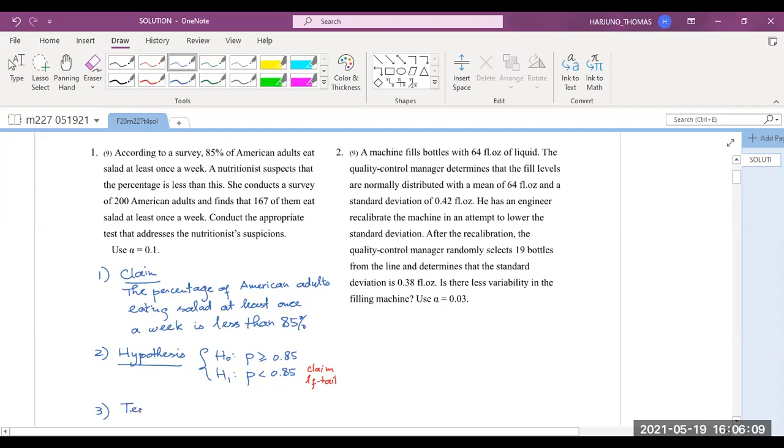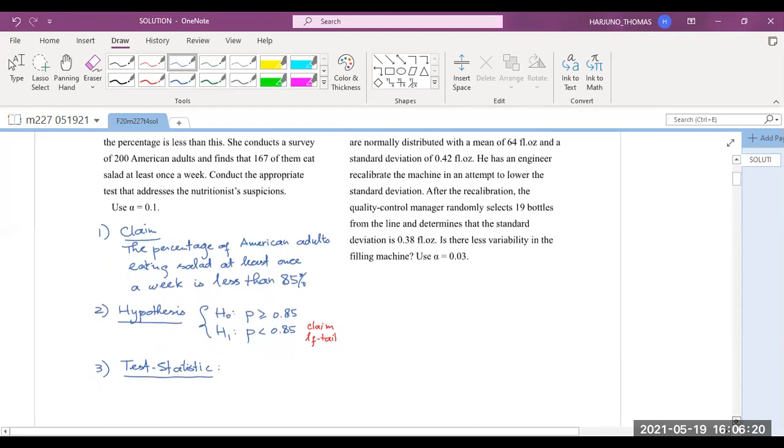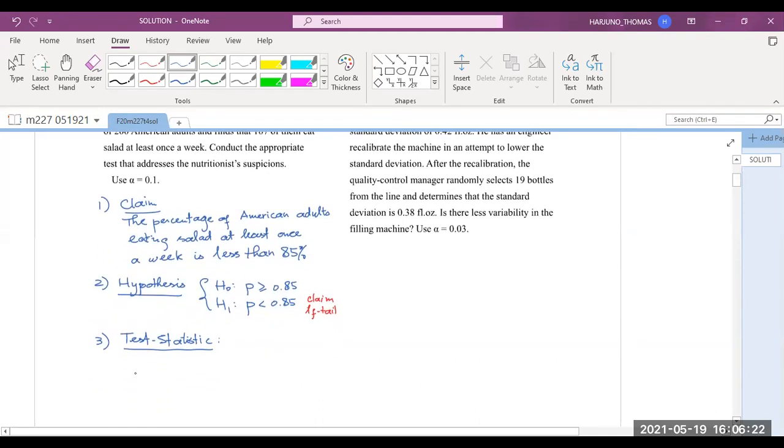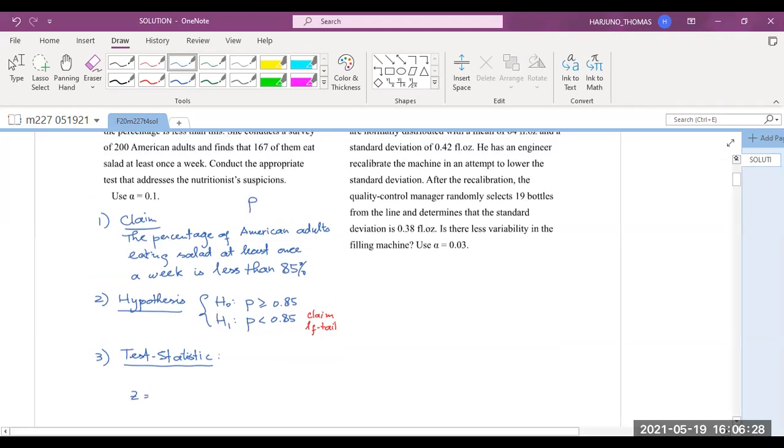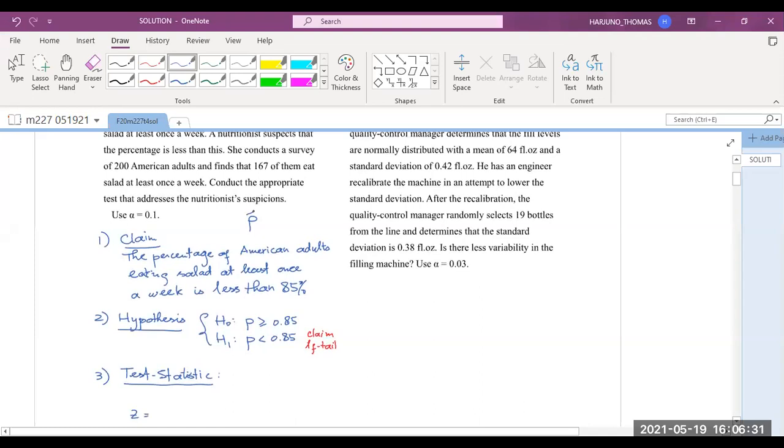Test statistic. We are testing a proportion, so we use z-score. Oh, what is the p-hat? P-hat is 167 over 200.